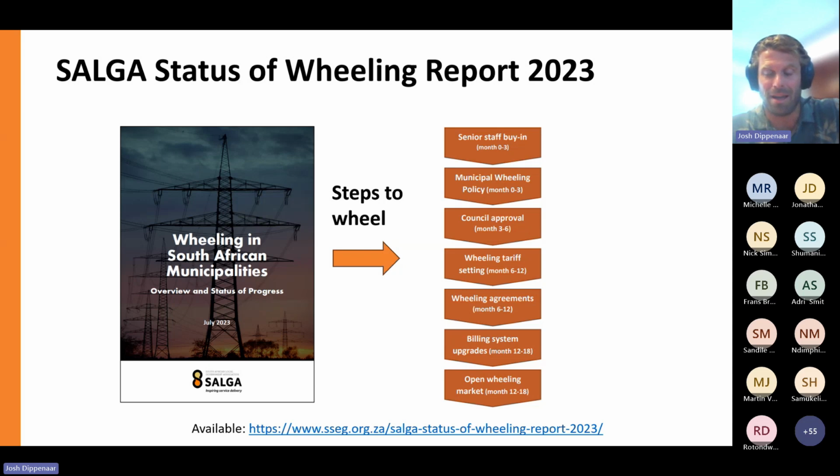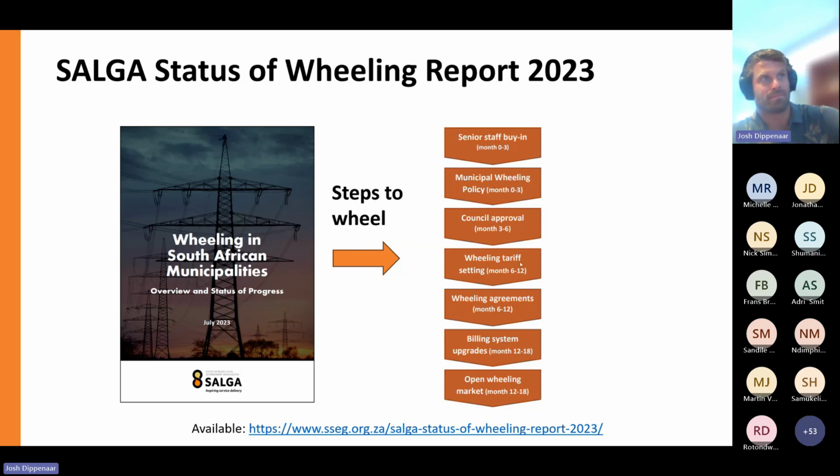Hopefully, if the right people are here or are convinced in your municipalities, you can table this wheeling guideline at one of the next council sittings, get it on the council meeting agendas, and get council to approve the wheeling guideline as a concept.